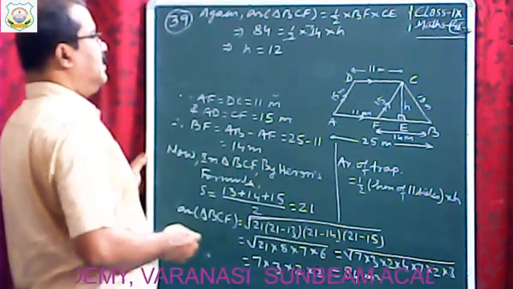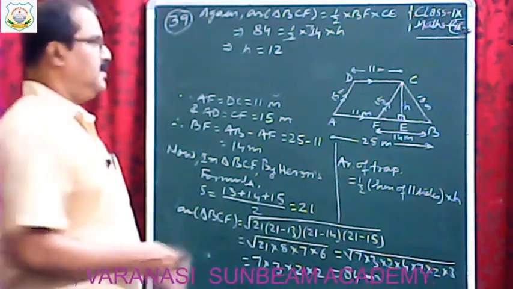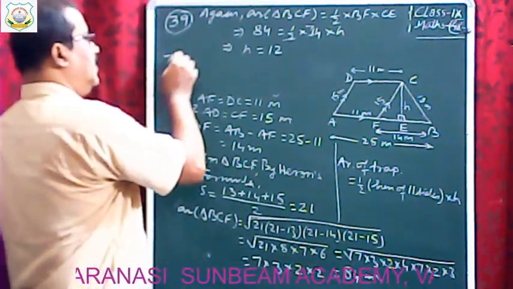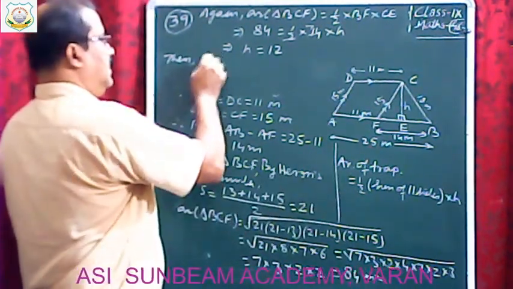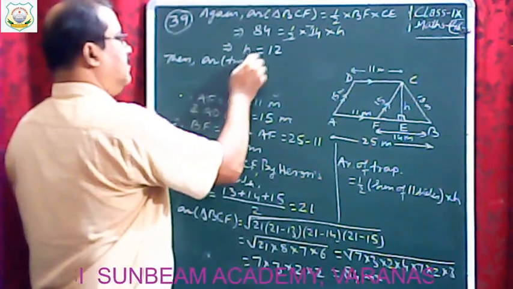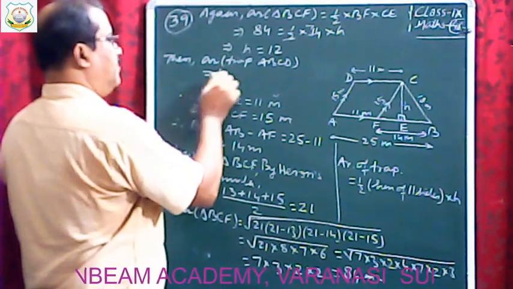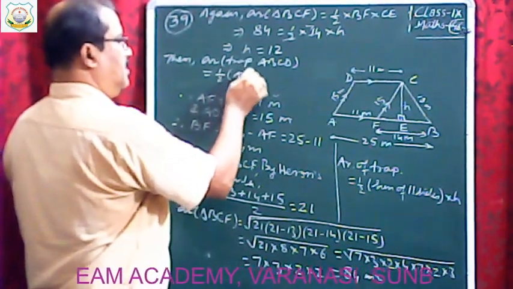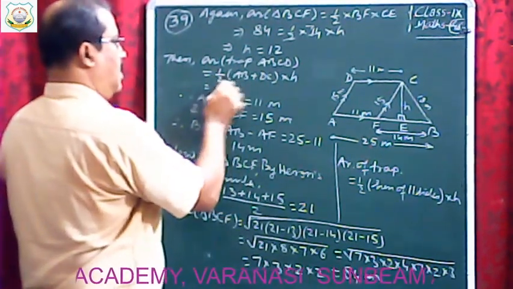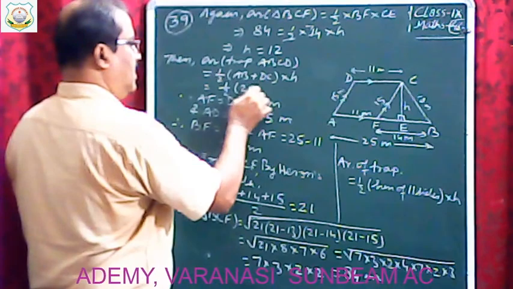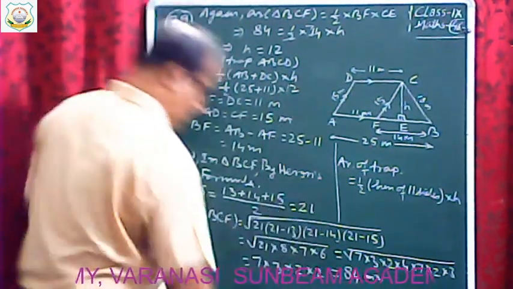12 times 7 is 84. So after getting height of trapezium ABCD, now we have to find area of trapezium using the formula. Then area of trapezium ABCD equal to half into AB plus DC into H. So half, AB is 25 plus 11 into 12.